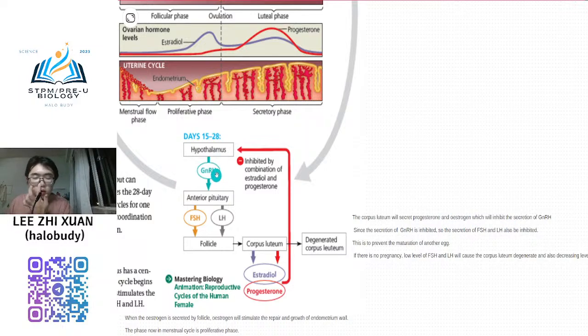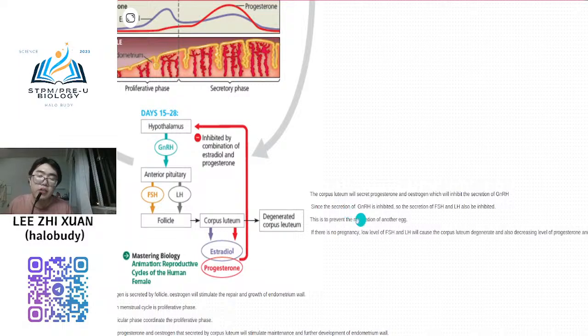So since there is no GnRH, the anterior pituitary gland will not be stimulated, so no FSH and LH. Since the secretion is inhibited, FSH and LH are also inhibited. So it prevents the maturation of another egg. So your other eggs will remain as primary oocytes.